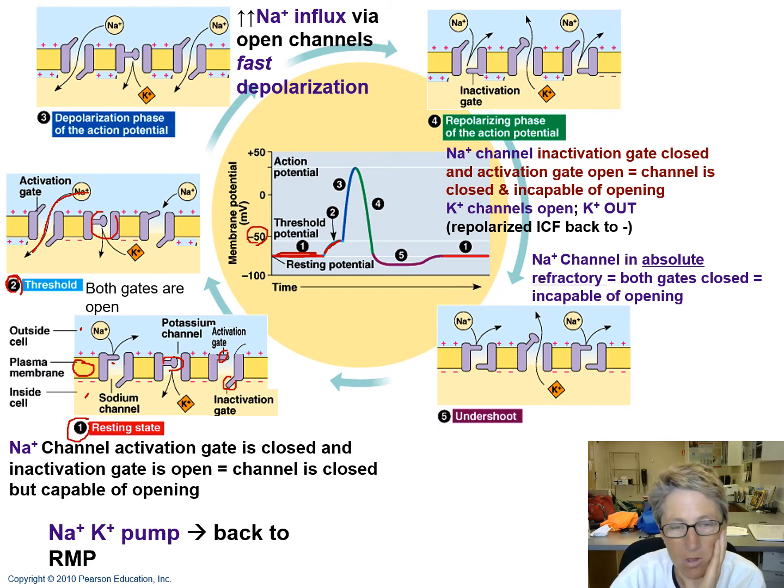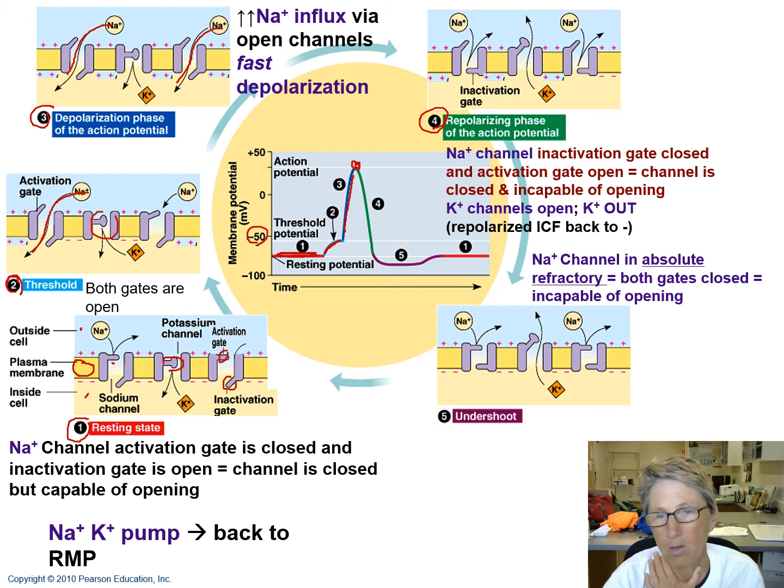But if you reach threshold potential, that means your voltage-gated sodium channels are open. That shows here in number 3, all your voltage-gated sodium channels are open, sodium is rushing in. If we come back over here to the graph, the membrane is getting more and more positive, or less negative, as sodium rushes in. And then step 4 over here, at the top, remember the voltage-gated sodium channels close and the voltage-gated potassium channels open.